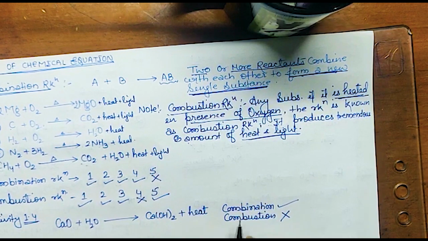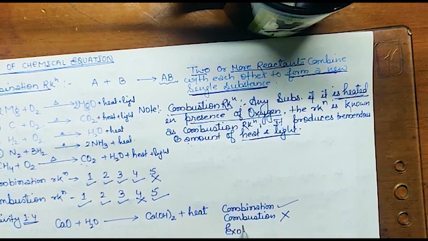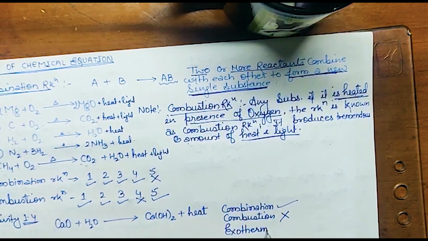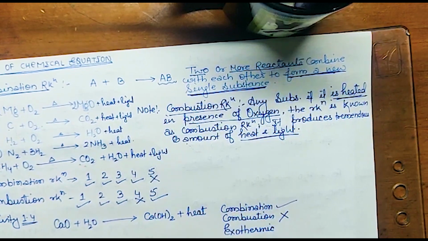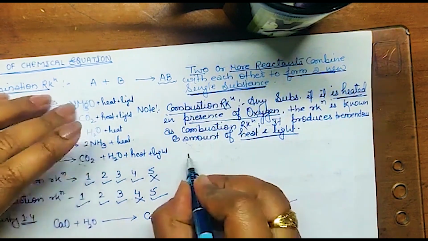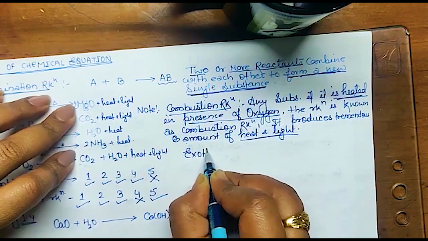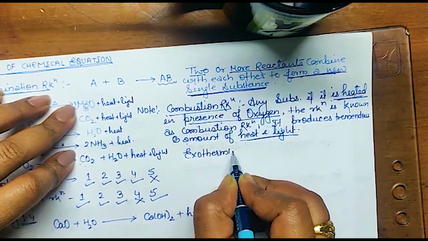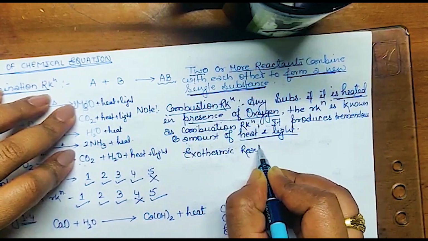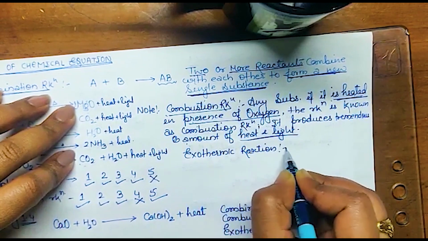And the third one, I am just going to tell you, is an exothermic reaction, where heat is released. Okay, I will write exothermic reaction. What is an exothermic reaction?